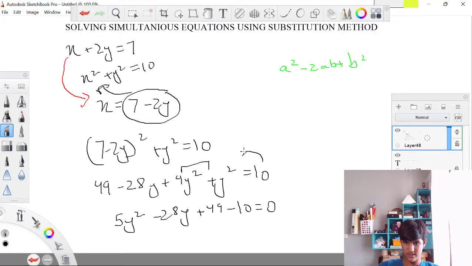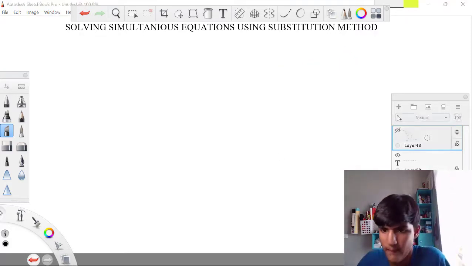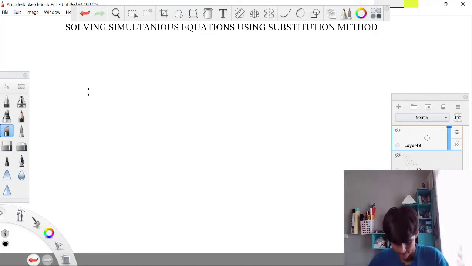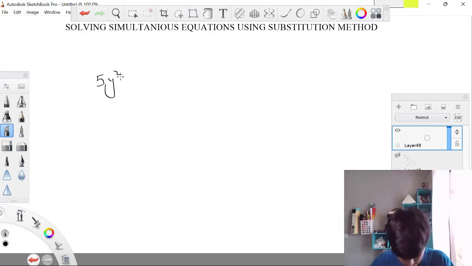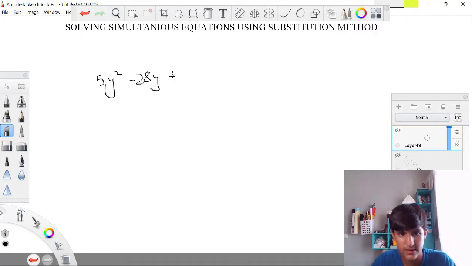So we're going to bring the 10 here and change its positive sign to a negative. So we're going to get 5y square minus 28y plus 39 equal to 0.